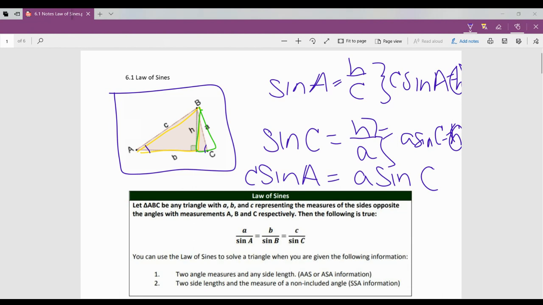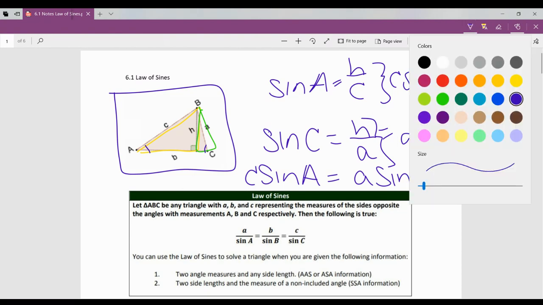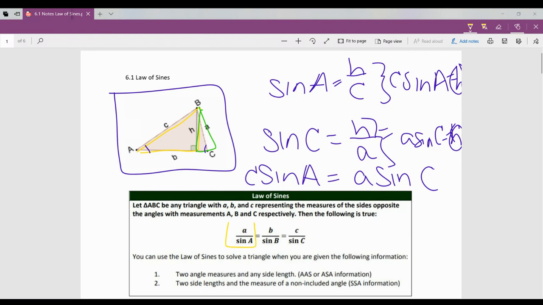And then we could do a little bit of razzle-dazzle. You can divide by sine of C, divide by sine of A, and then you get A over sine of A equals C over sine of C. So that is how this equation comes about.